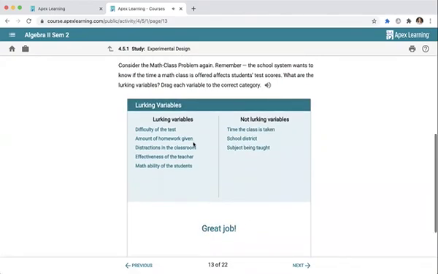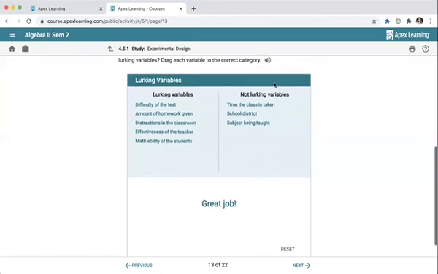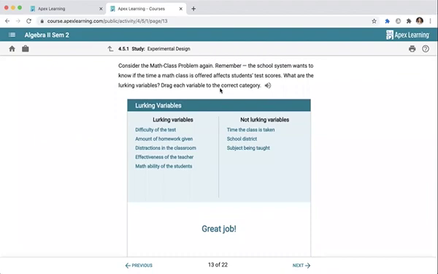All right, so things that aren't lurking variables are the time the class is taken, the school district, and the subject being taught. The reason these are not lurking variables is because when we go back to our math problem, remember, we're looking at two teachers teaching a math class. They're both teaching the same math class.